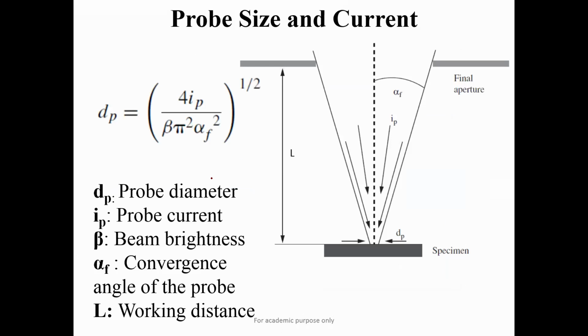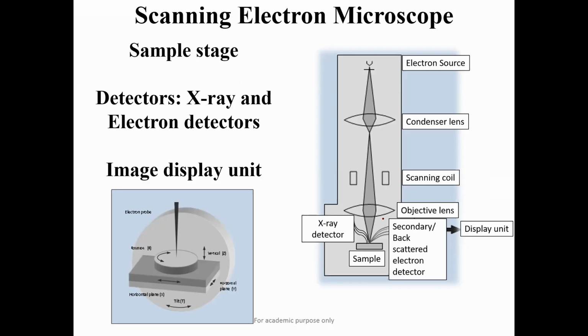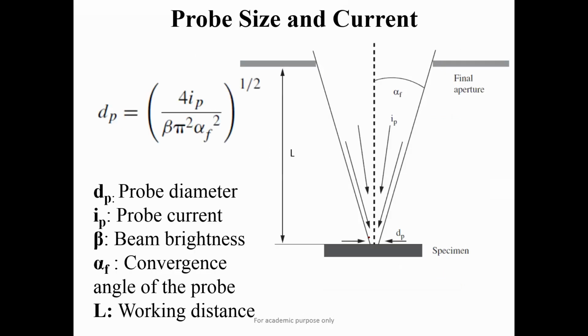Okay, so now let's come to the probe size and current. This is very important. Suppose your beam is started, and what is the probe diameter over the sample, that is important. So probe size depends upon various features. Let's define probe size by probe diameter. This is the probe diameter over your specimen.